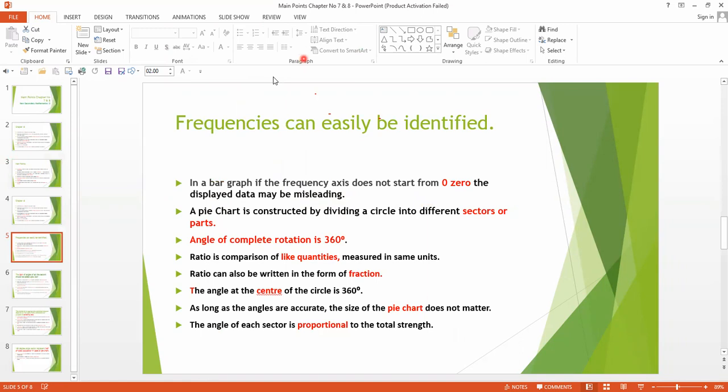Suppose the values are uneven, then you have to draw a curve. Suppose the first value starts from 250, the next value is 300. So you have to draw this curve. Here you have to write 0. Here you have to start from 250. Then you have 300. Then you have 350. Here you have to draw the bars.